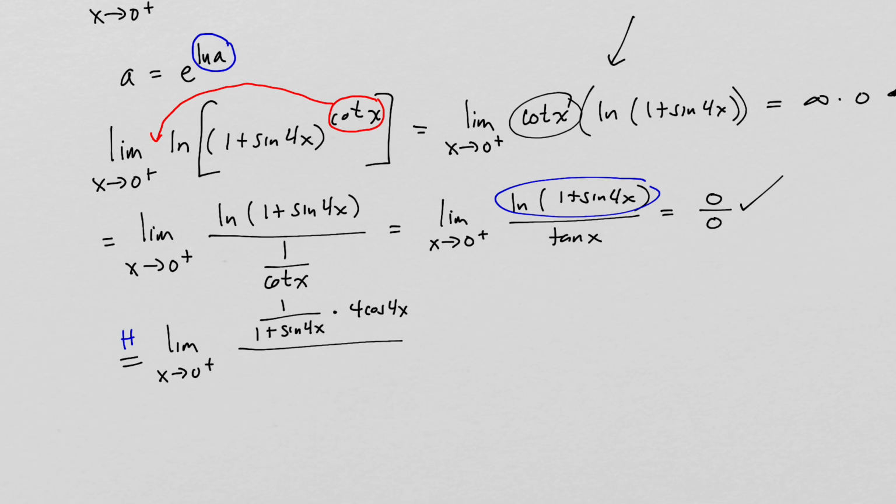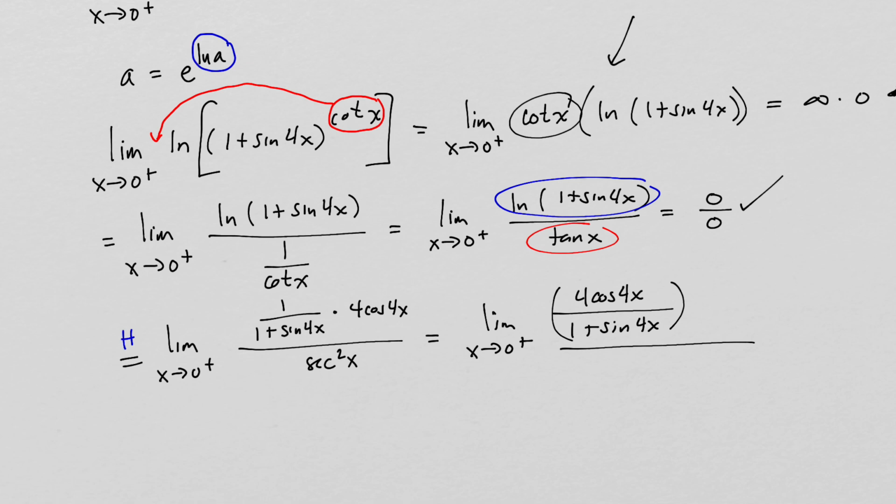And then divided by the derivative of tangent, which of course is secant squared. And so what I have here now is the limit as x goes to 0 from the right of 4 cosine 4x over 1 plus the sine of 4x, and then that whole thing is divided by secant squared of x.